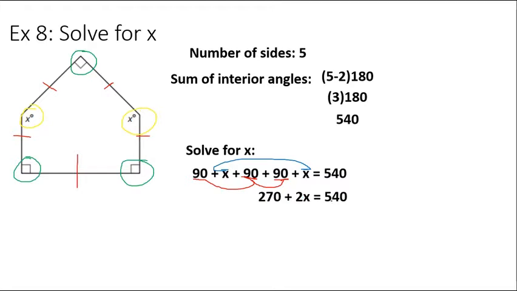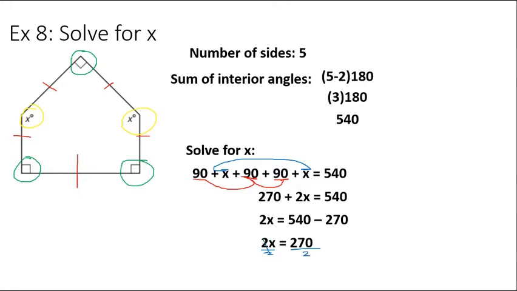Okay, next thing I do is I want to isolate x. So I'm going to subtract 270 from both sides. So I'm going to end up having 2x equals 540 minus 270, which gives me 2x equals 270. And then to get the x by itself, I want to divide both sides by 2.